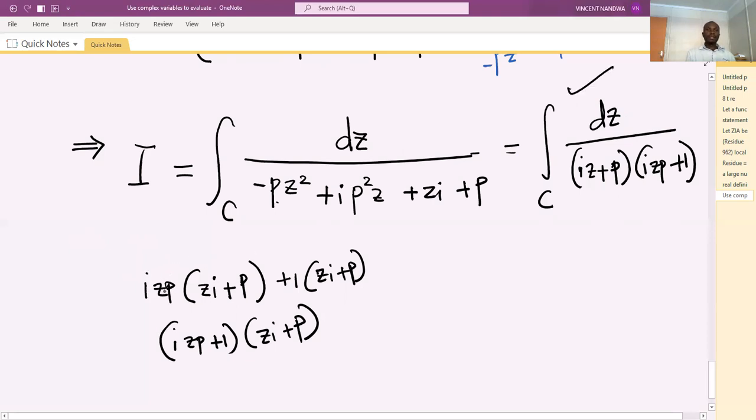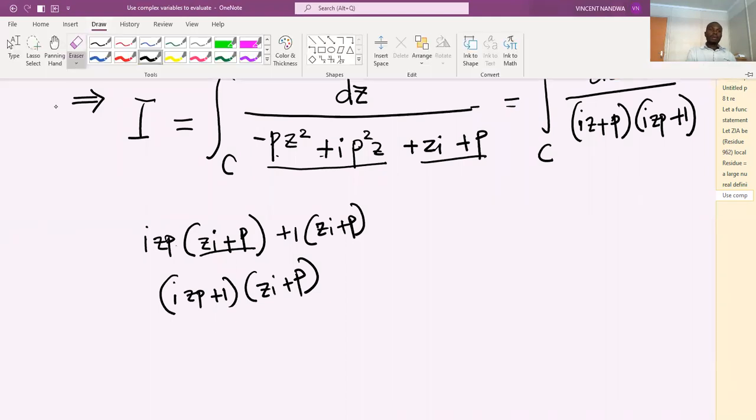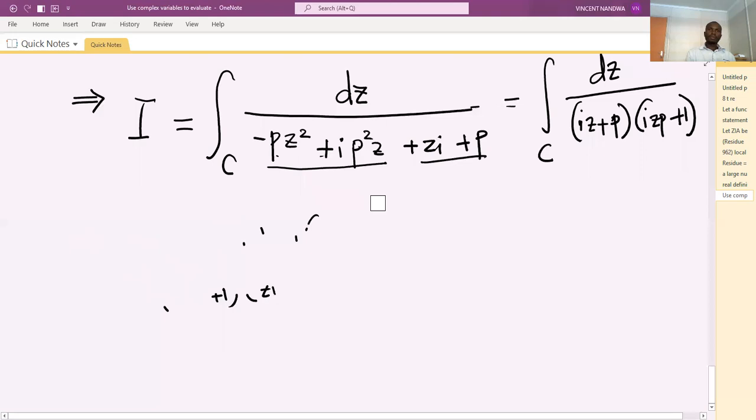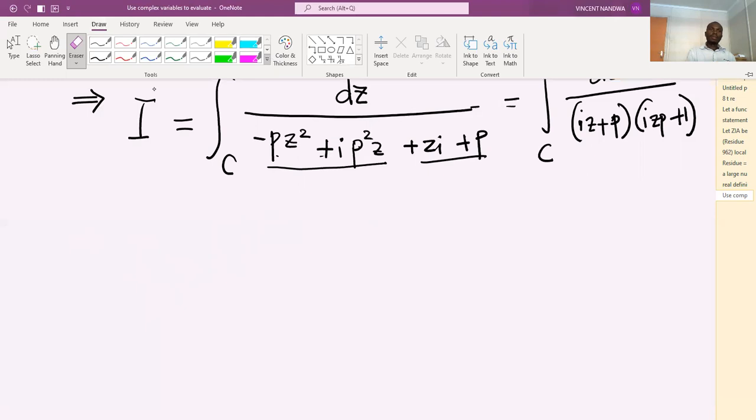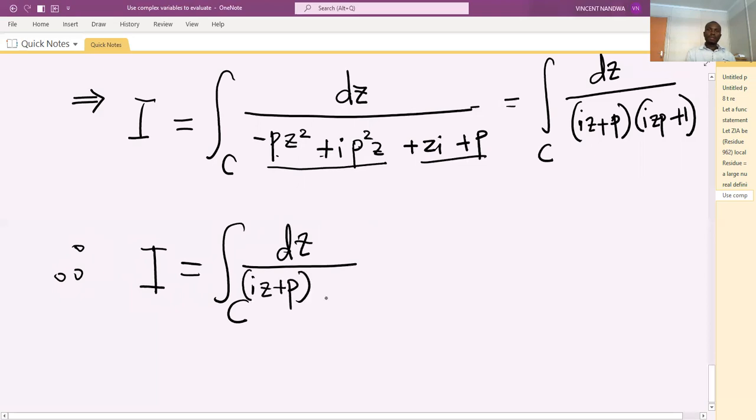So factoring out izp for these first two terms, then this is what you get in the first bracket, and then same thing at the second bracket. So thus our I integral is given by dz over iz plus p times izp plus 1.